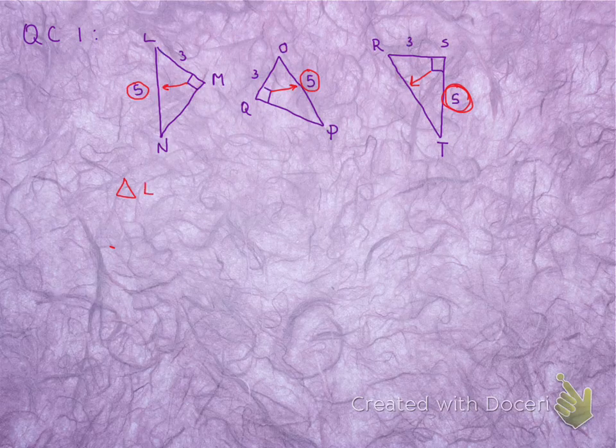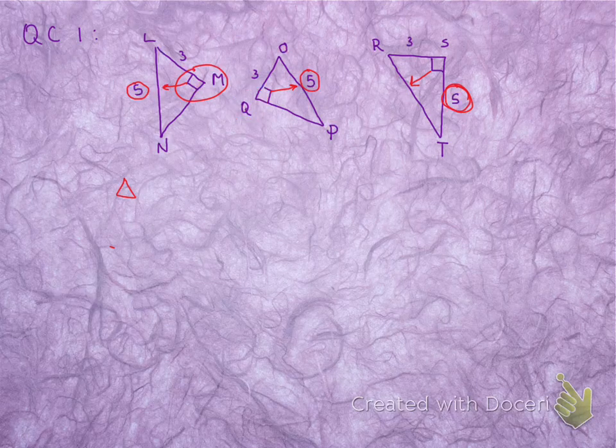So triangle LMN is congruent to triangle OQP. You know what, maybe it would make more sense to start with the right angle in both cases, because it'll be easier to designate which way you need to go around the triangle in order to get the triangle congruence statement correct.